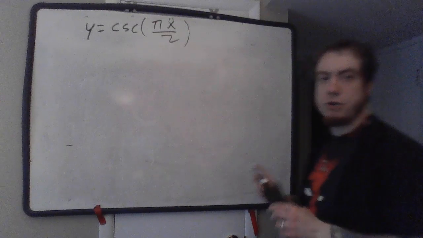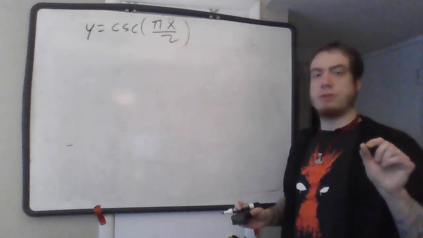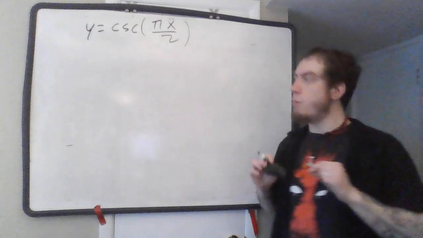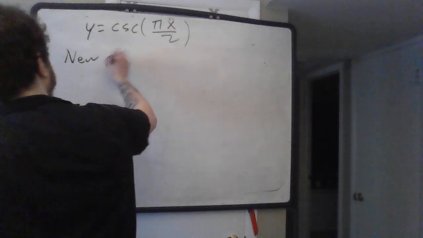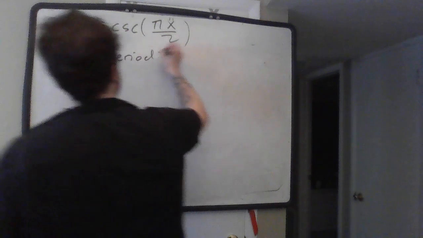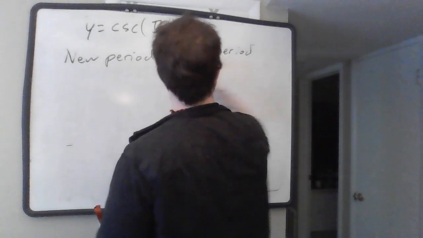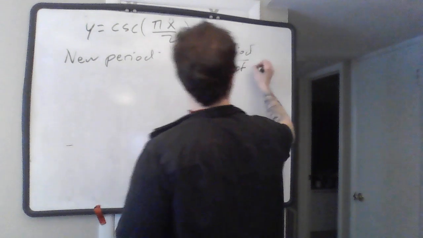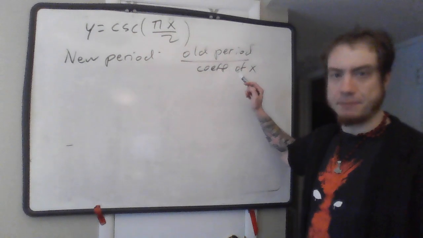Well, let's think back for a moment to the way that we did this when we thought about sines and cosines. We had to look at what the new period is. The new period is going to be the old period divided by the coefficient of the variable, in this case the coefficient of x.